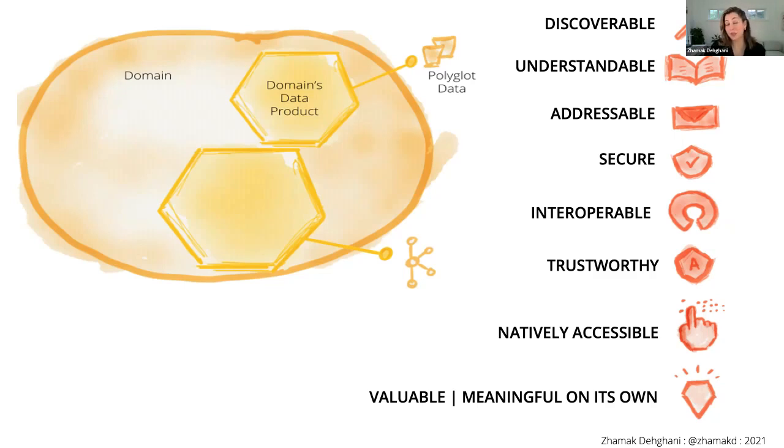Data scientists, on the other hand, are totally happy with semi-structured JSON files or Parquet files dumped on some blob storage, as long as they can traverse that storage across time. So they have a very different mode of access. So it's very important the same data is presented and accessed in a polyglot format.